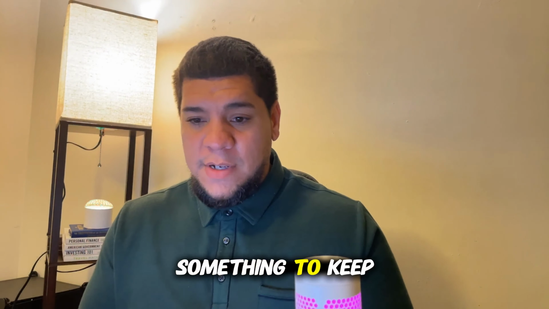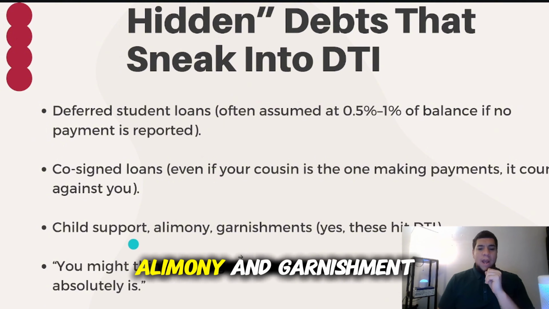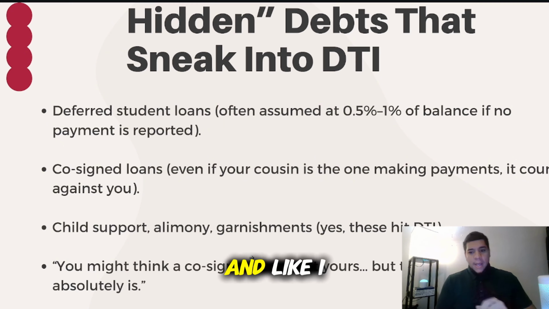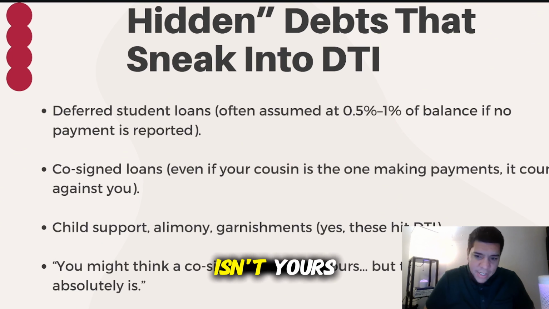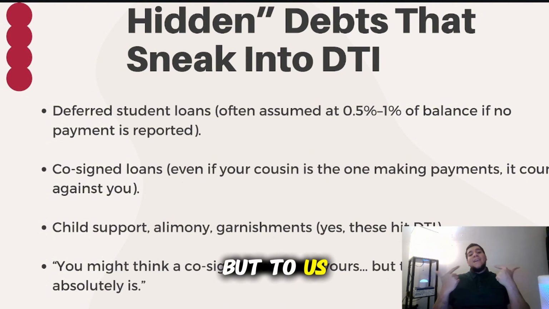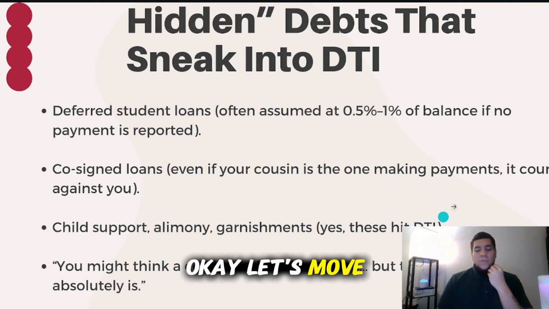So that is something to keep in mind. We already went over child support, alimony, and garnishment. And like I said, you might think a cosigner loan isn't yours, but to us, the credit analyst, the bank, yes, it is. Okay, let's move on.